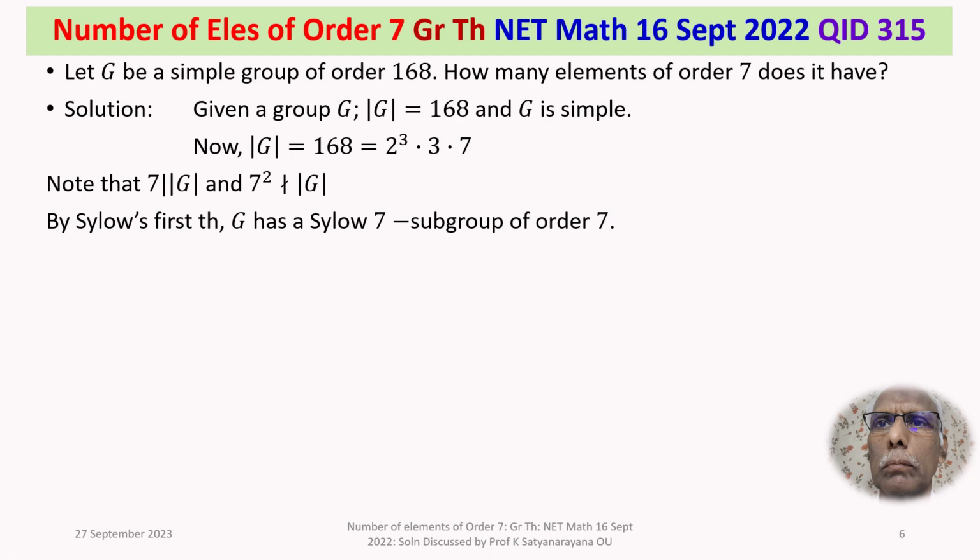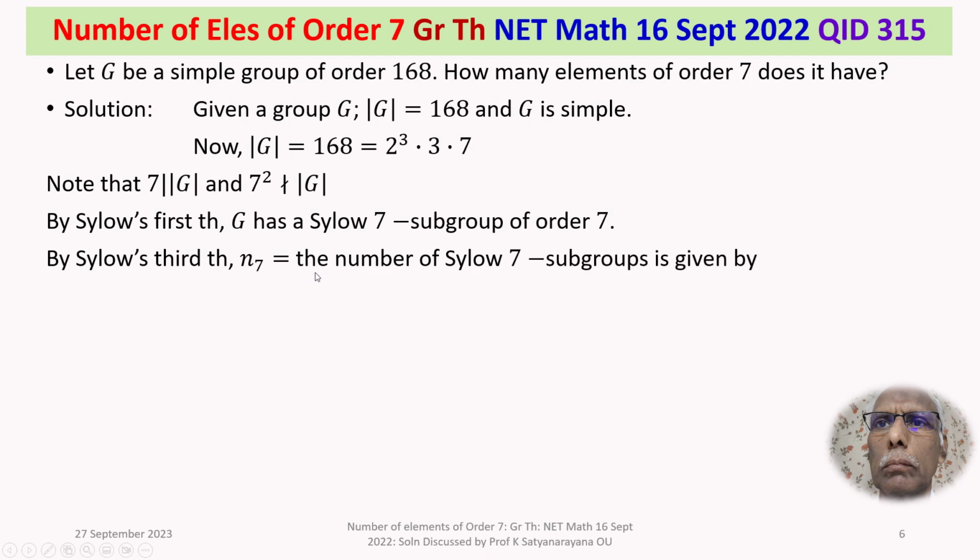We want to count how many such Sylow 7 subgroups are there. For that, we recall Sylow's third theorem, which says n7 denotes the number of Sylow 7 subgroups, and it is given by n7 is congruent to 1 mod 7, and n7 divides that part of the order of G which is free from 7, that is 2 cube into 3, that is 24.